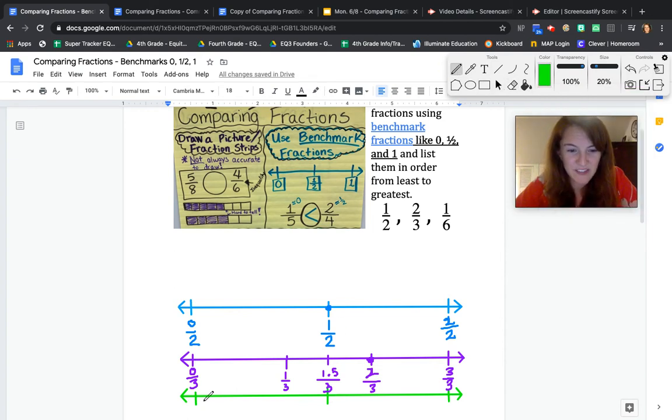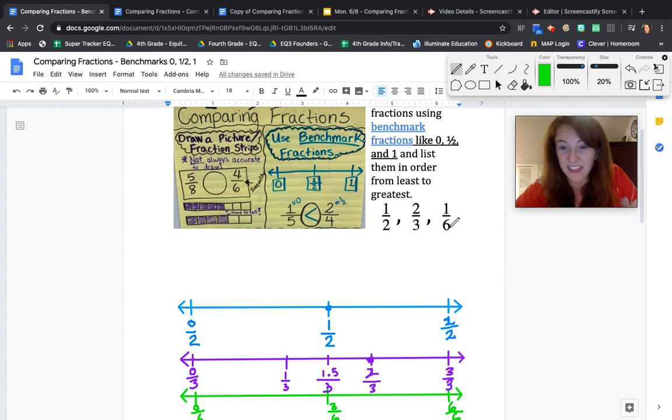So I ask myself again, what would be the 0 fraction for sixths? 0/6. It's always a tricky one to say. What would be the whole if we're talking sixths? Very good. 6/6. Now, if we're talking sixths, how much is 1/2? Hopefully you got it. 3 is half of 6, so 3/6 is half. Okay, 1/6.